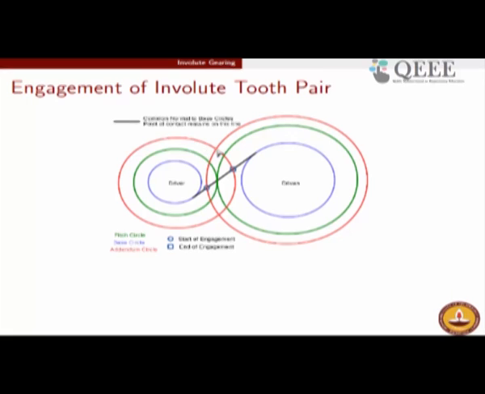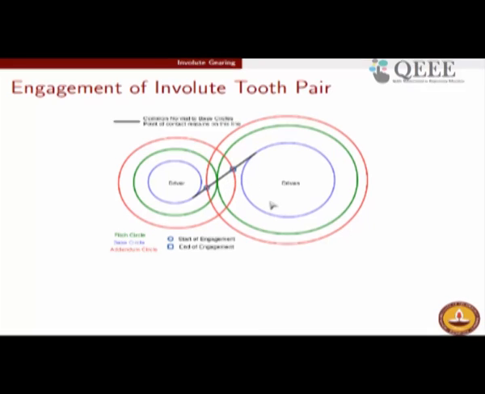Similarly, the point of loss of engagement, or the point of disengagement, is where the addendum of the driver gear intersects with this line, which is anyway the line in which the point of contact has to reside, right. So the intersection of the addendum circle with this internal tangent will turn out to be the end of engagement.